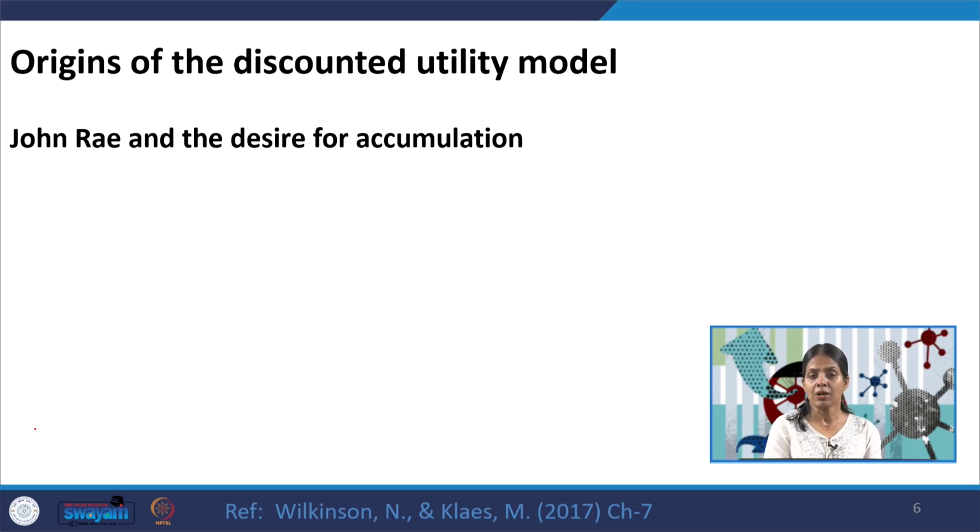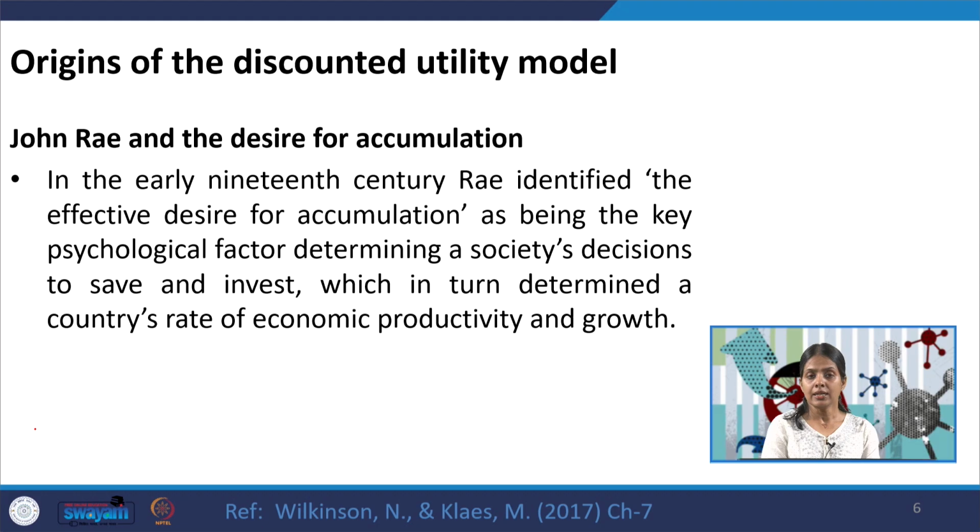So, he talked about the desire for accumulation. In the early 19th century, Rae identified the effective desire for accumulation as being the key psychological factor determining a society's decisions to save and invest. So, as you understand, this is specifically with respect to saving and investment, which in turn determined a country's rate of economic productivity and growth.